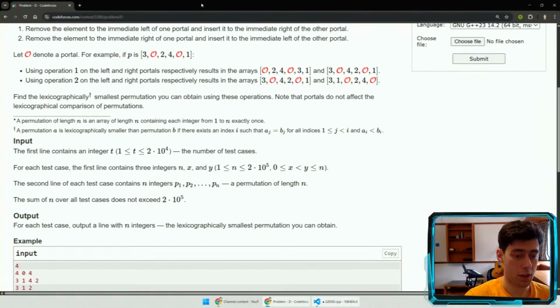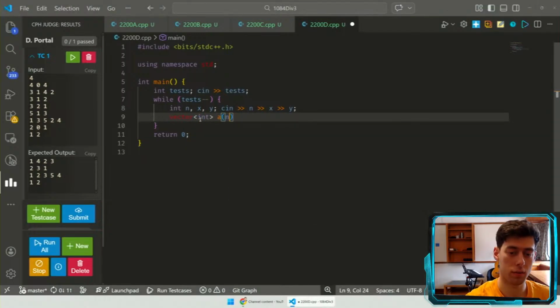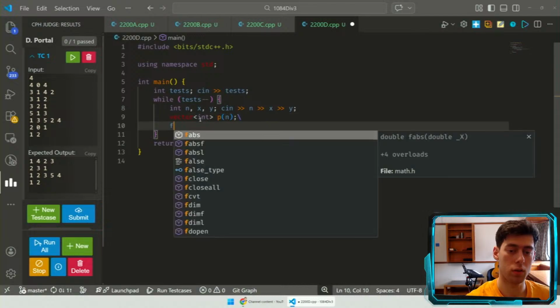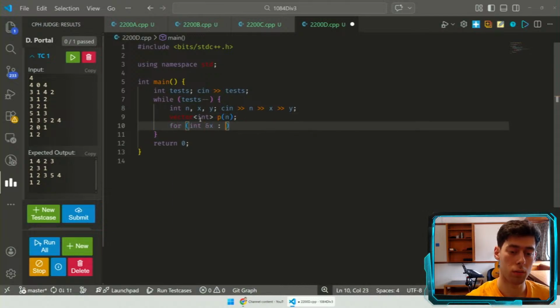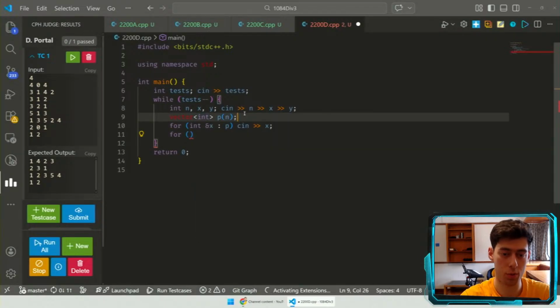The second line of each test contains an integers permutation P of length n. Yeah, it's just okay. Now I have to move it into two different groups, right? I just print the smallest permutation.